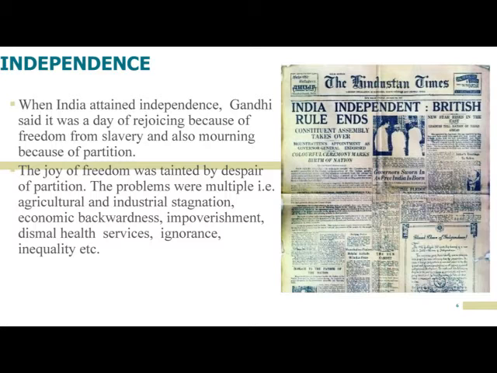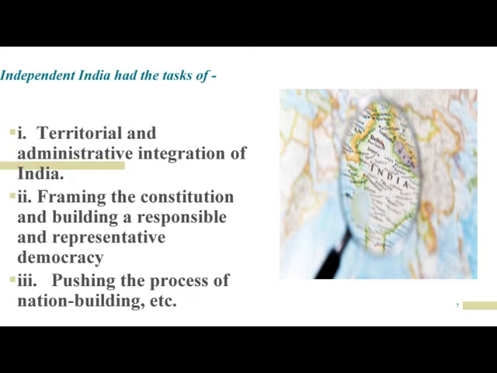For that, they had the task of territorial and administrative integration of India. Second one, bringing responsible and representative democracy, and the nation building concept. With the help of these three tasks, they wanted to build their own political system. So this shows the ideals of the thinkers towards the establishment of the political system in India.